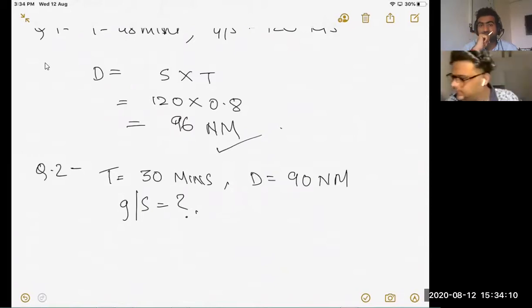The first step should be like this: convert time from minutes to hours. Did you do that? Yes, sir. And the distance was 90 nautical miles. You have two ways to do it.